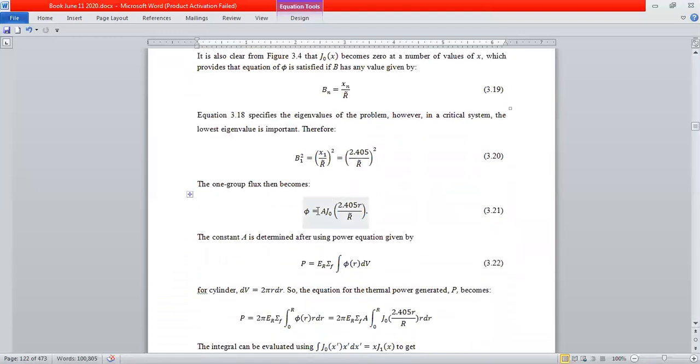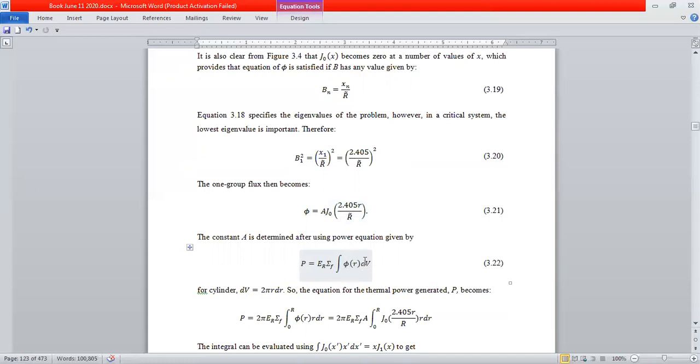So here's the flux. Again, if I give you a question in your assessment to find A, how would you do it? You would integrate over the flux to find the power of the reactor. The power is the number of fissions, so sigma F times phi gives me the number of fissions per cubic centimeter per second.